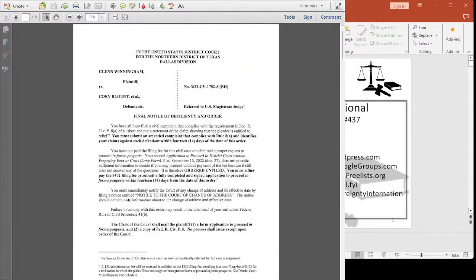What happened is I was filing criminal complaints into the federal court, into an old court case I had going on in federal court, and the judge opened a new case and sent me an order of deficiency telling me I had to pay the filing fee and file a lawsuit.